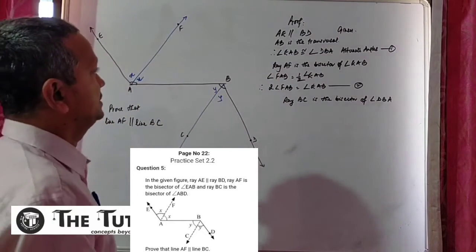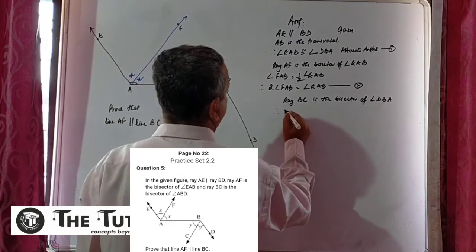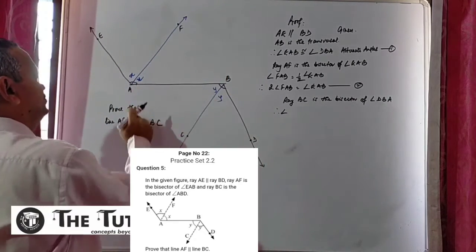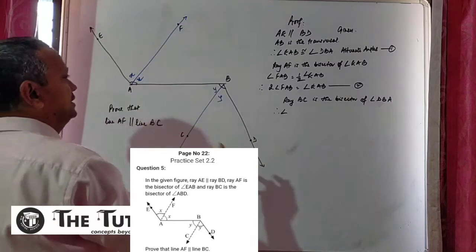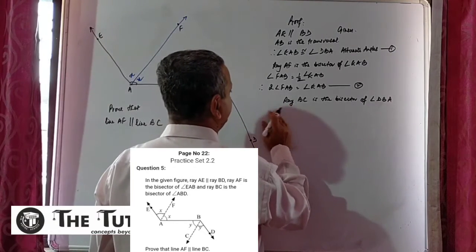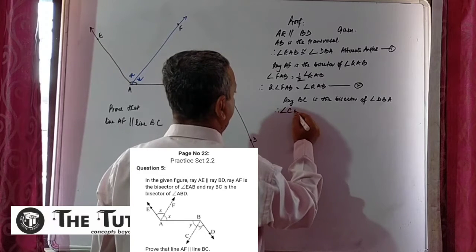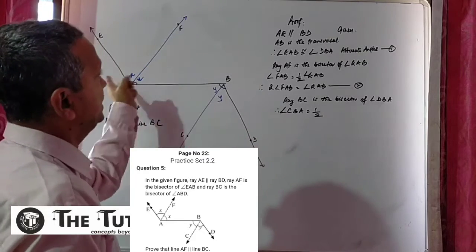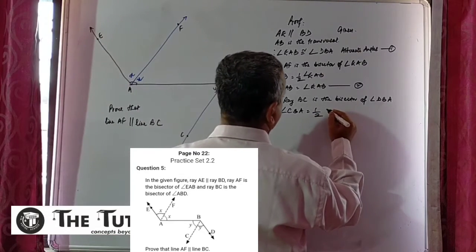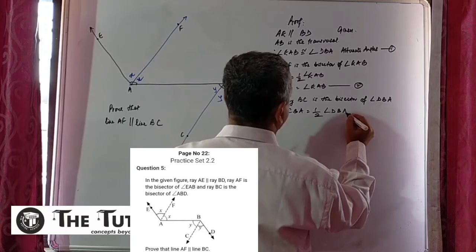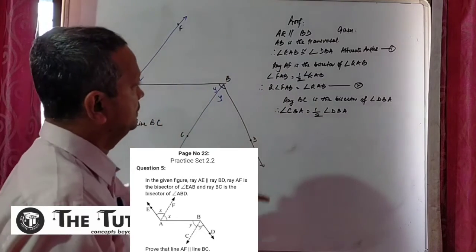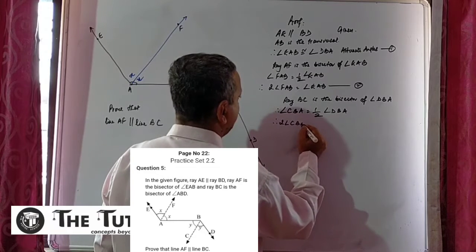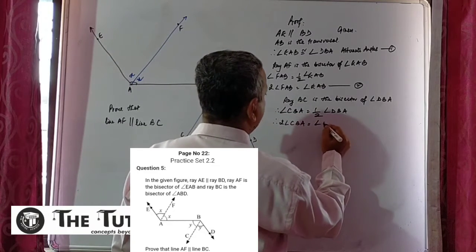Therefore angle CBA is equal to half of angle DBA. Therefore two angle CBA is equal to angle DBA.